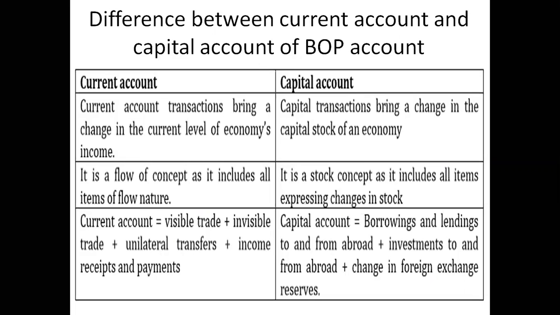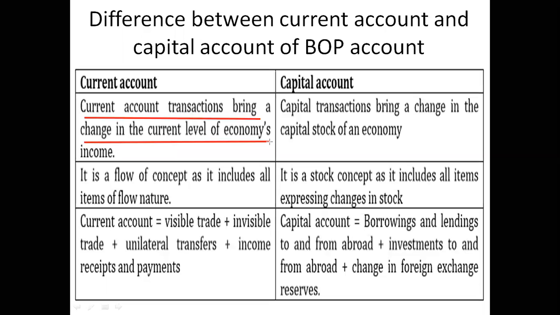Now let us see the difference. What is the difference between capital account and current account of BOP? The current account transactions bring a change in the current level of economy's income, which means it is related to the transfers.